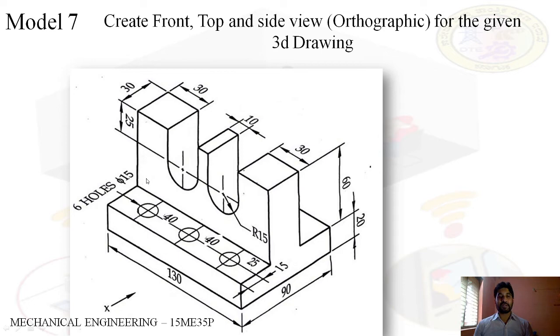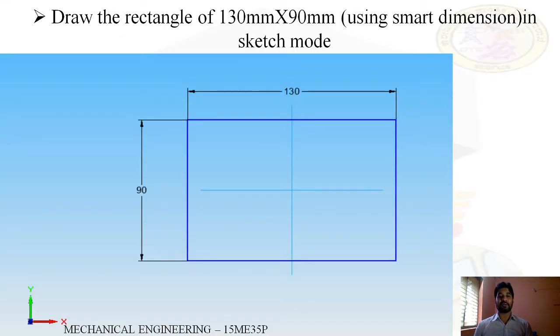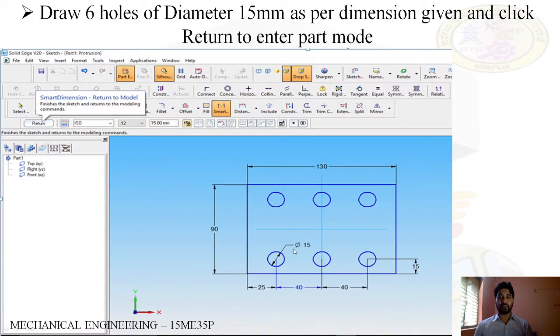Initially in the first step, you have to select the protrusion command for drawing the first feature and select the top reference plane. Once you click on the top reference plane, it will move to the sketch mode. In the sketch mode, you have to draw the rectangle of size 130 by 90, and after that add the 6 holes of diameter 15 with the given dimensions.